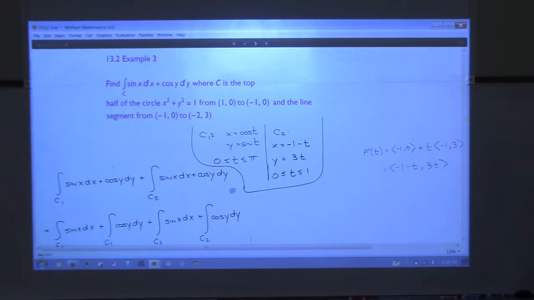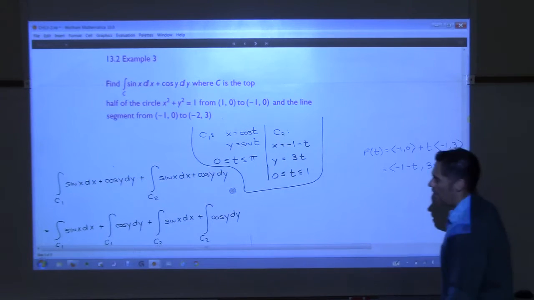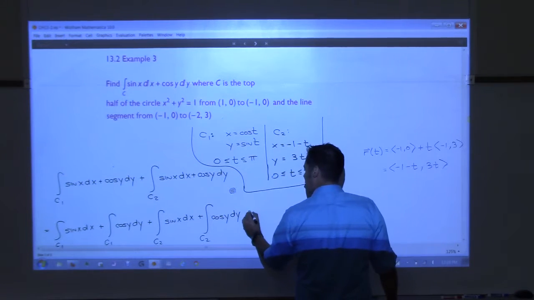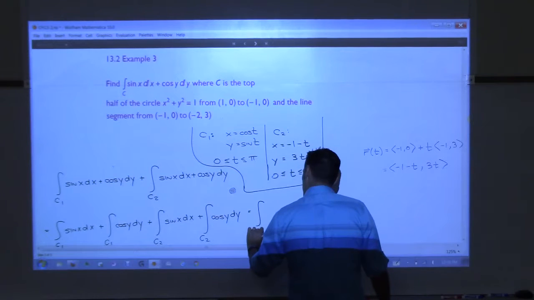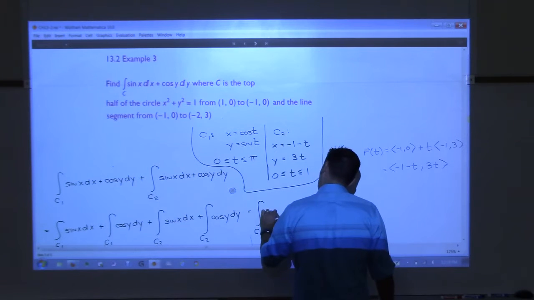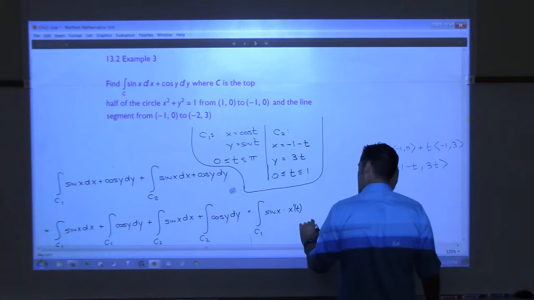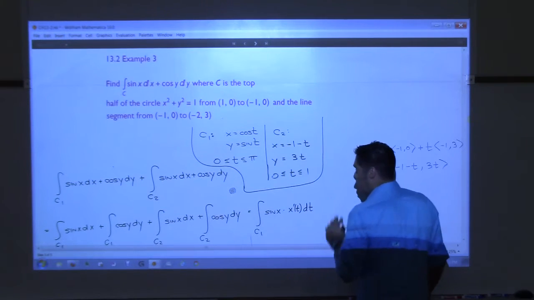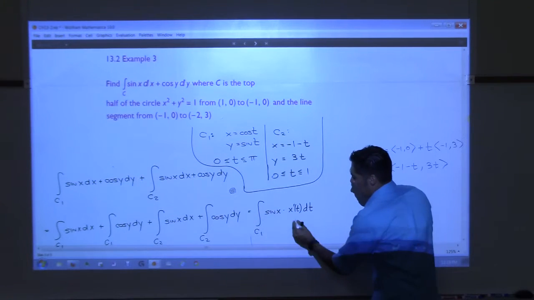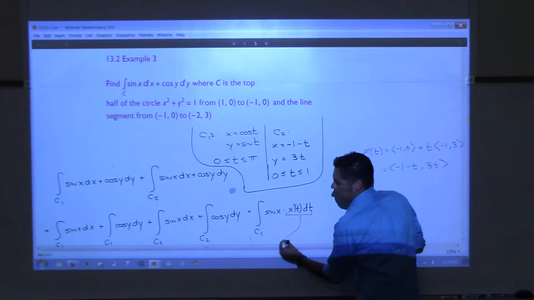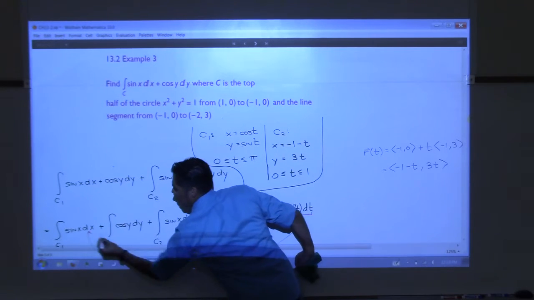And that becomes the line integral over C1 of sine x times x prime of t dt. I guess what I'm getting at here is that this right here is what that means, right?